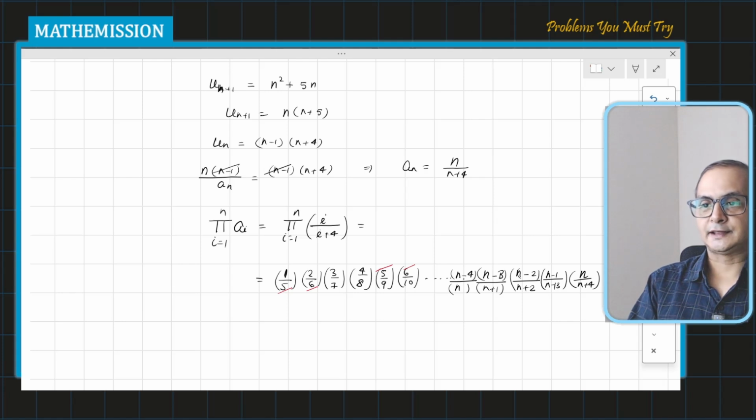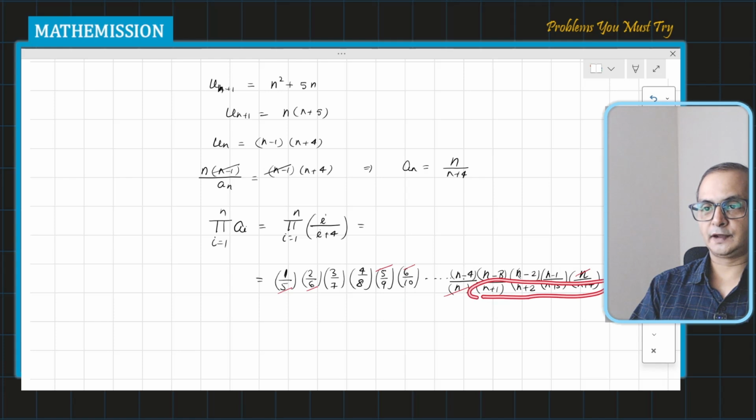You can see that the cancellation is actually happening like this, n then n. You can notice that the n minus 4 will also get cancelled here. Before that n minus 3 will also cancel, n minus 2 and n minus 4, meaning the last 4 terms will be left out from the end, and the first 4 terms will be left out from the beginning.